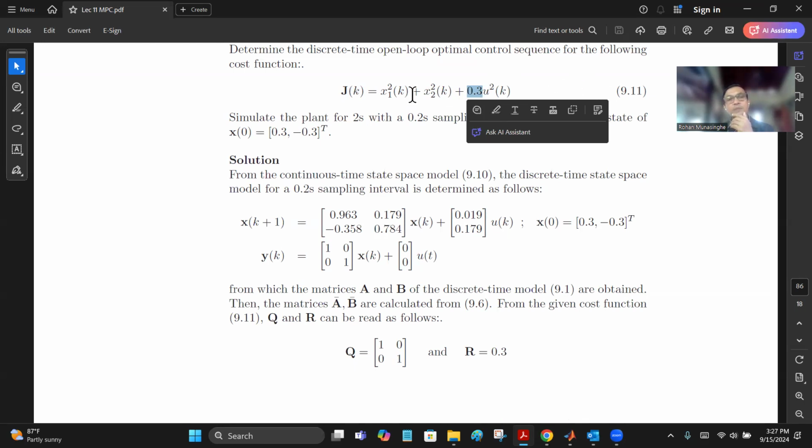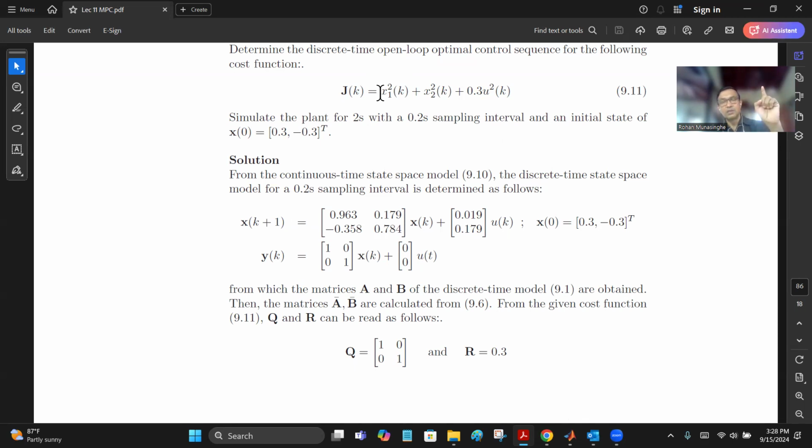R is 0.3, but Q is not very clear over here, right? X1 square, X2 square. When you get the squares, it is the diagonal. Off diagonal are zeros. Now you can see the first element is 1, the second element is also 1, right? And diagonal. So therefore Q is this matrix.